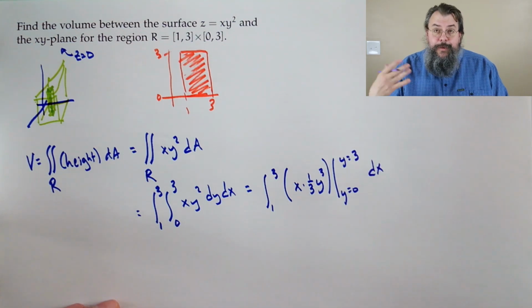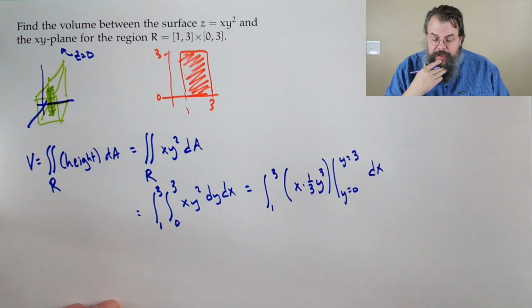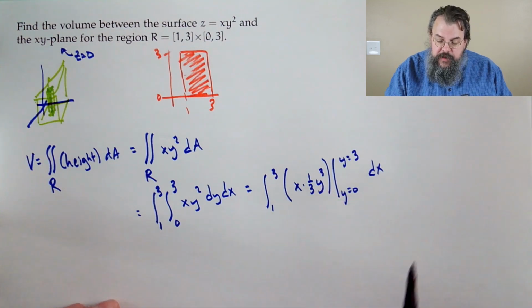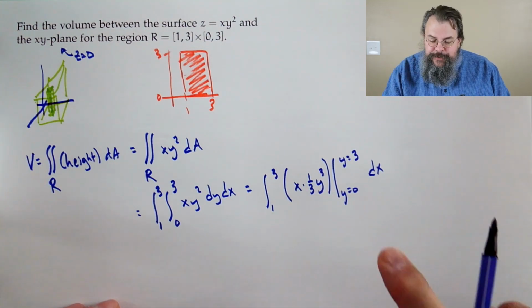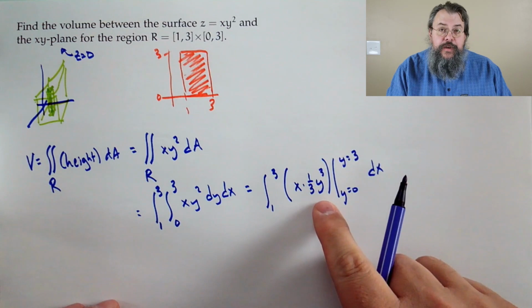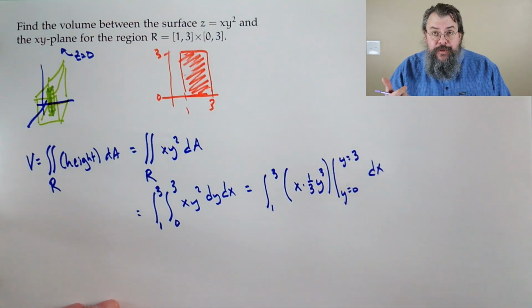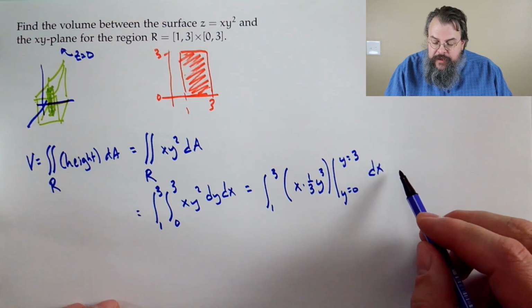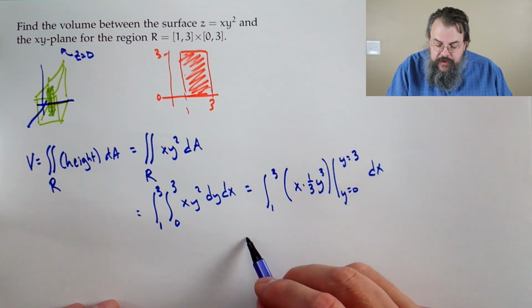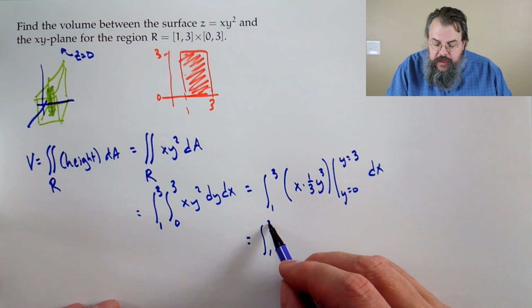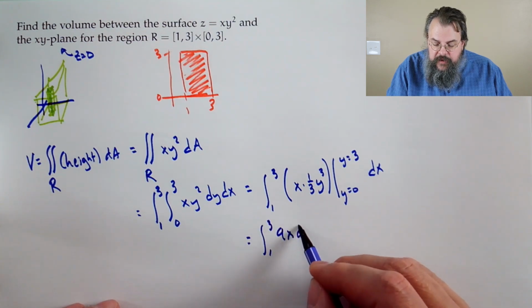Okay, so before we do our next integration, we need to evaluate. When we plug in 0, we get 0. Woohoo! Nice. When we plug in 3 cubed times 1/3, well, you can cancel one of the 3, so it really becomes 3 squared, or 9. So we say, okay, this is integral 1 to 3 of 9x.